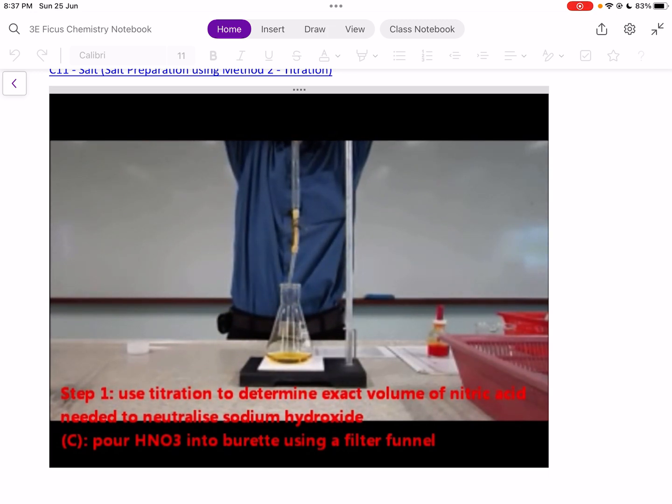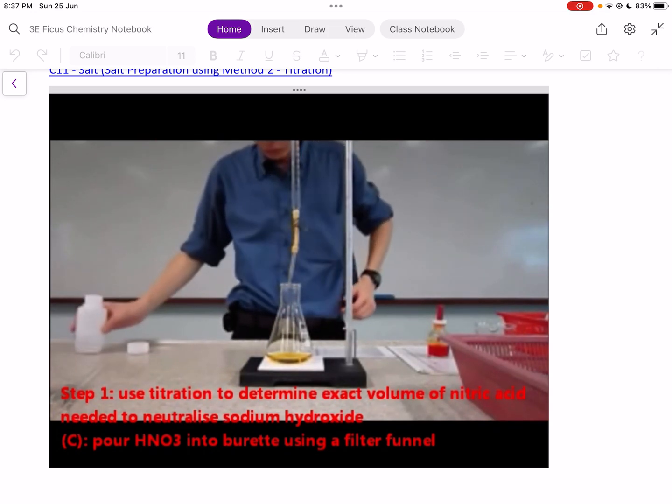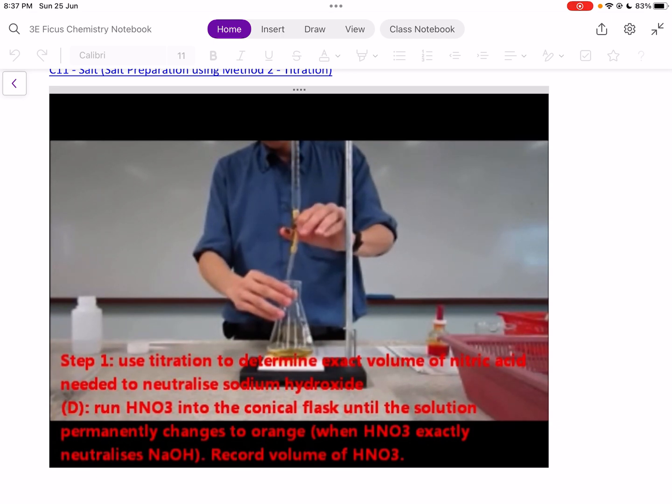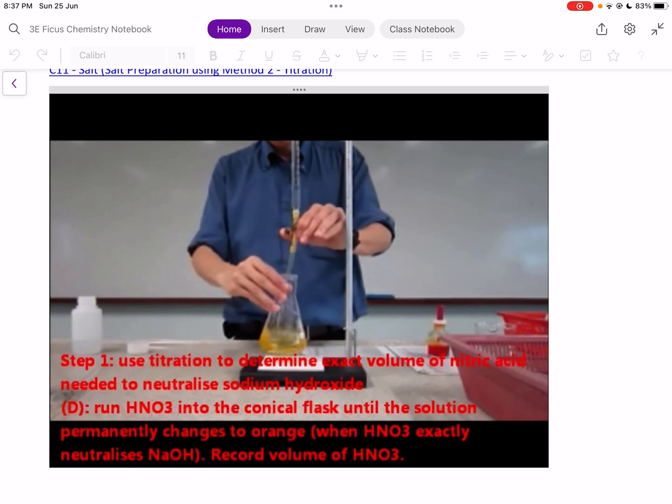Right now I'm filling up the burette with nitric acid, using a filter funnel. Then you run nitric acid into the conical flask until the solution permanently changes to orange. That means it is neutral, when nitric acid exactly neutralizes sodium hydroxide.